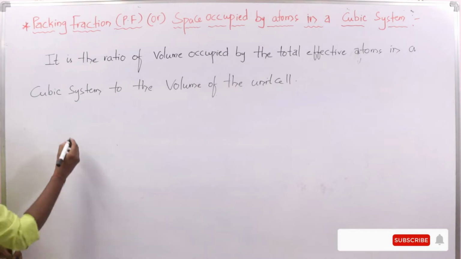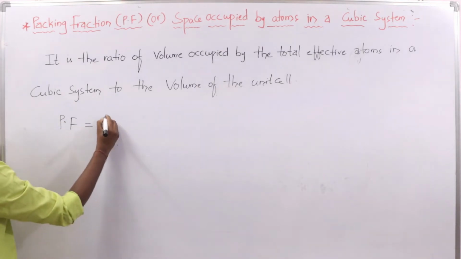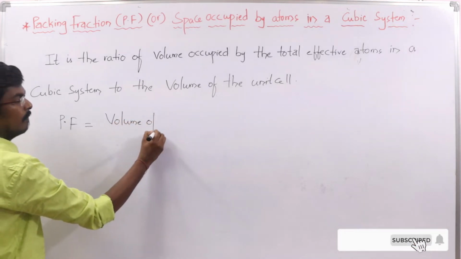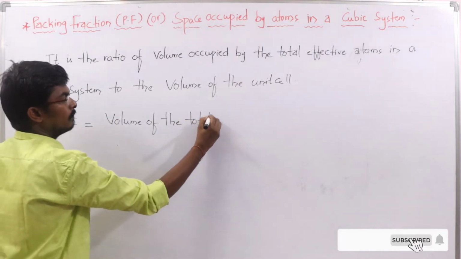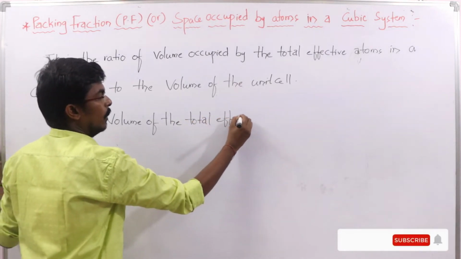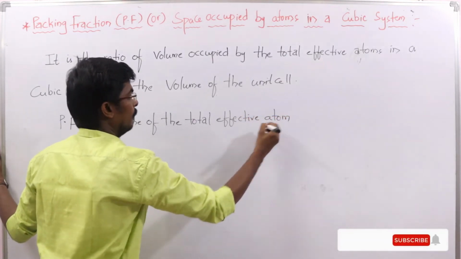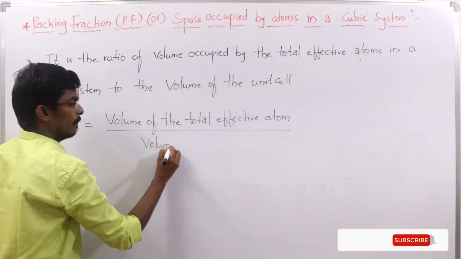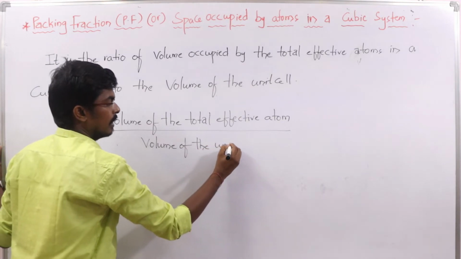Mathematically, when you are writing the packing fraction, it is the volume of the total effective atoms by the volume of the unit cell.